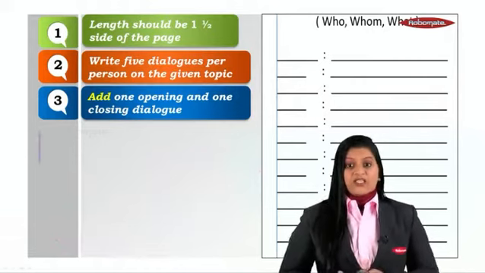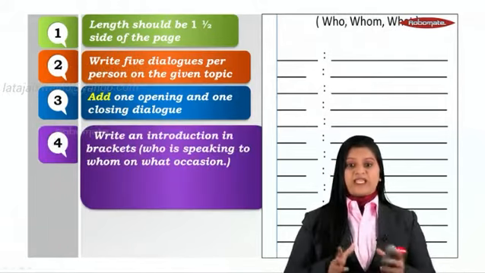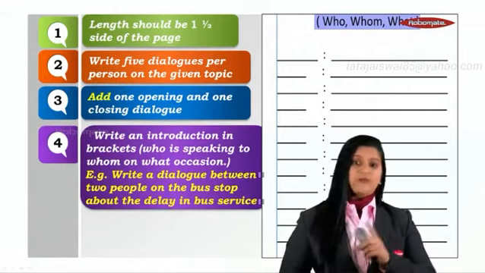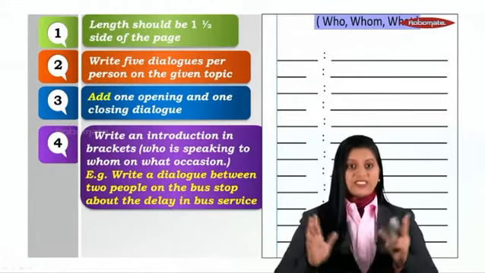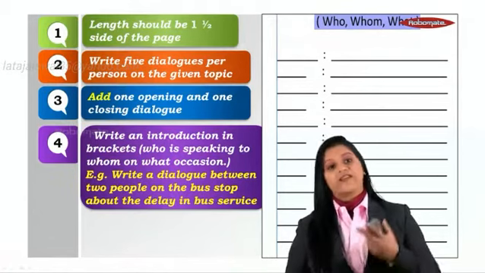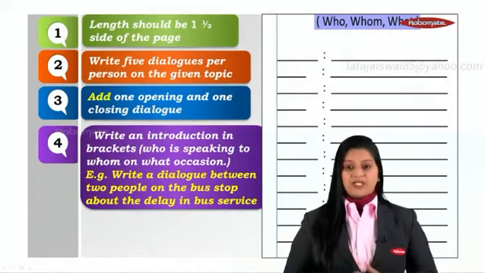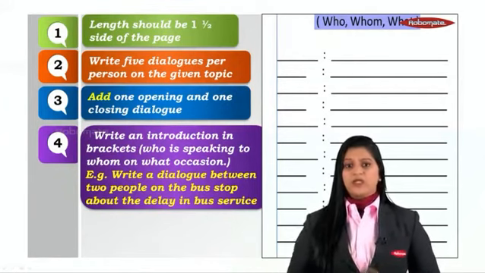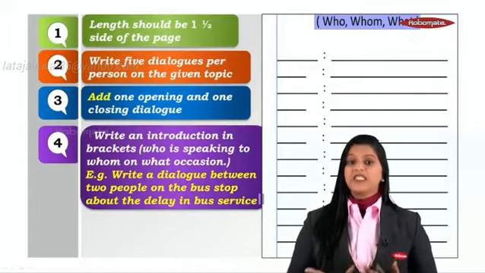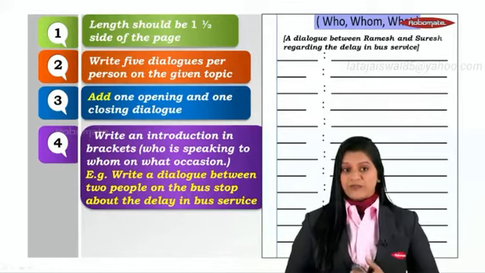Then, the next thing to remember, write an introduction in brackets. Who is speaking to whom and on what occasion? This sets the mood for the dialogue. The reader understands the setting. For example, if the question is, write a dialogue between 2 people at the bus stop about the delay in bus service, then look at the top of the page.